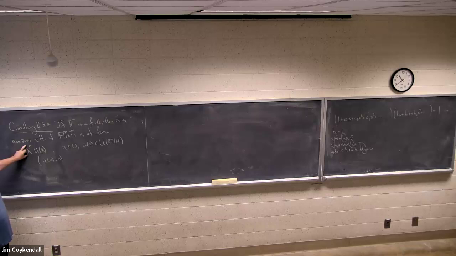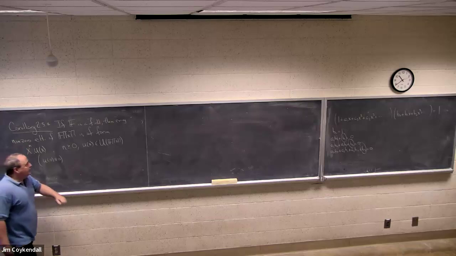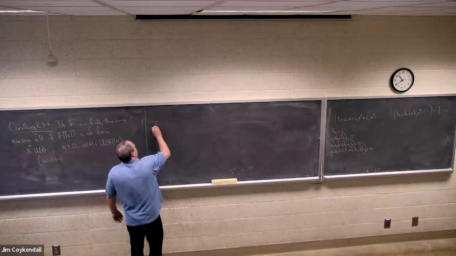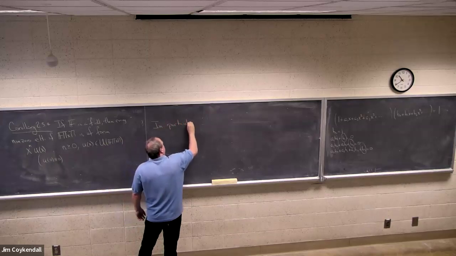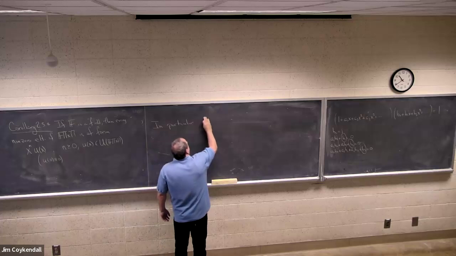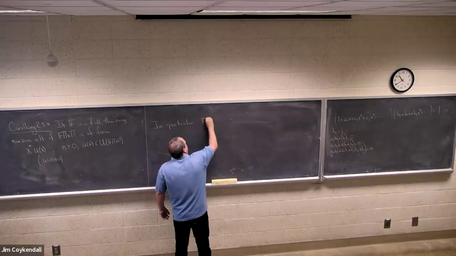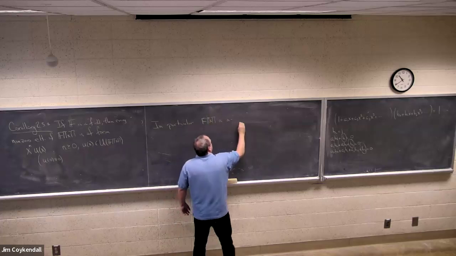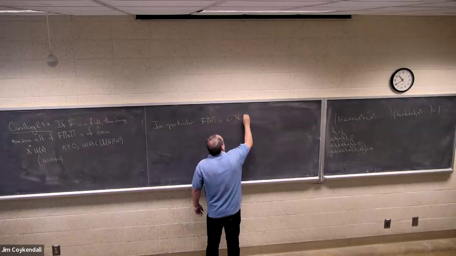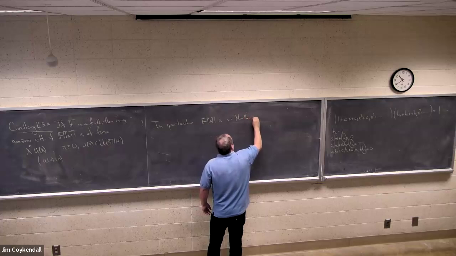I mean, n might be 0, but you can certainly factor it out. And what's left over is a unit. So in particular, F power series in X is a Noetherian valuation ring.